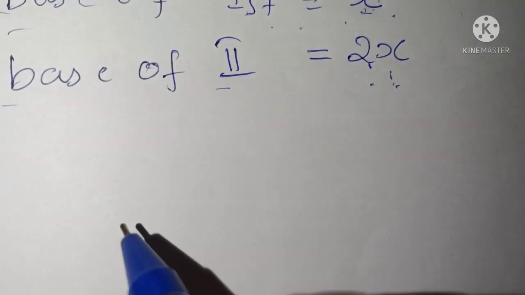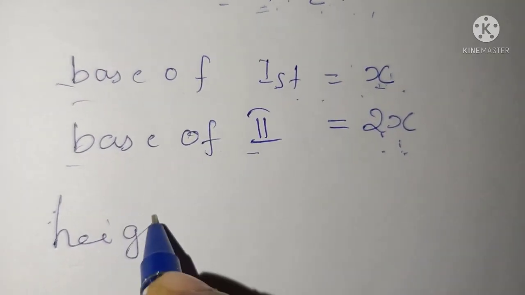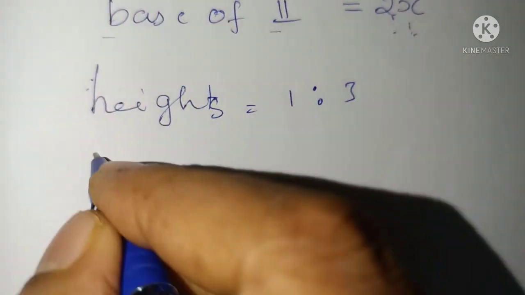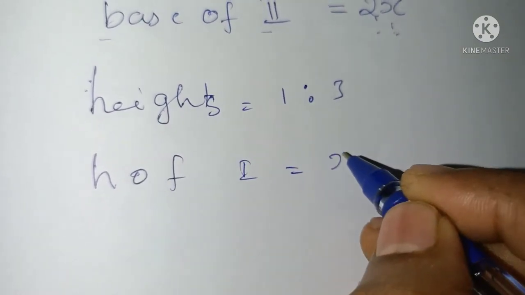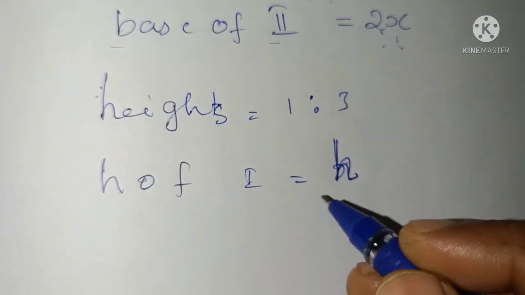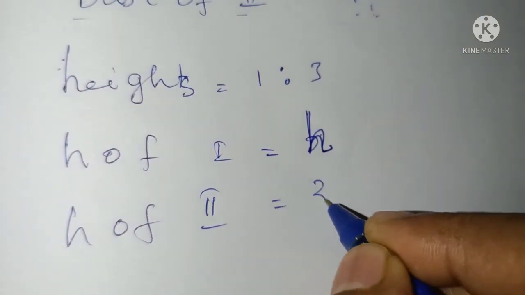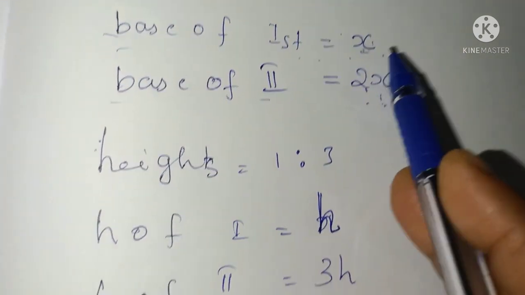The heights are in the ratio 1:3. Then the first one's height is h, and the height of the second one is 3h.